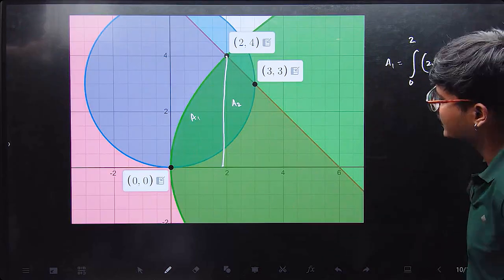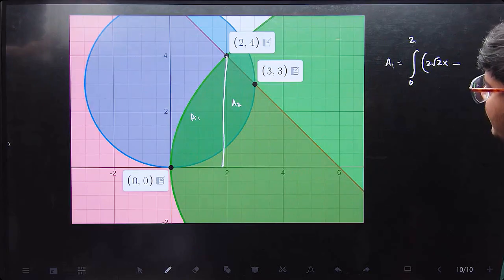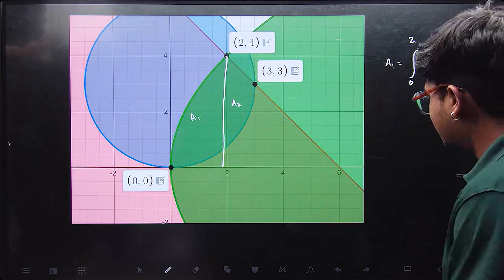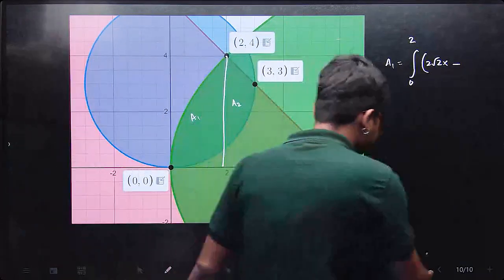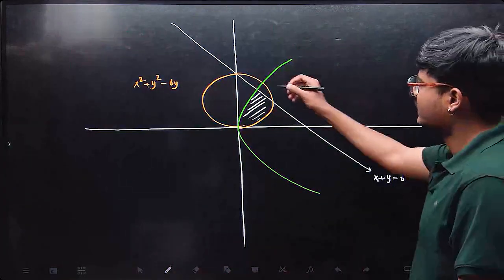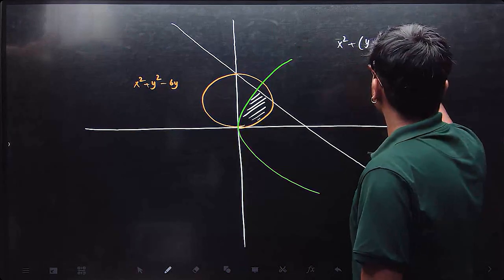So can I solve for that? Solving that might be a little difficult. It has a linear term. Oh wait, I simplified it, right? What was it? It's nothing but x squared plus (y minus 3) whole squared equal to 9, right?